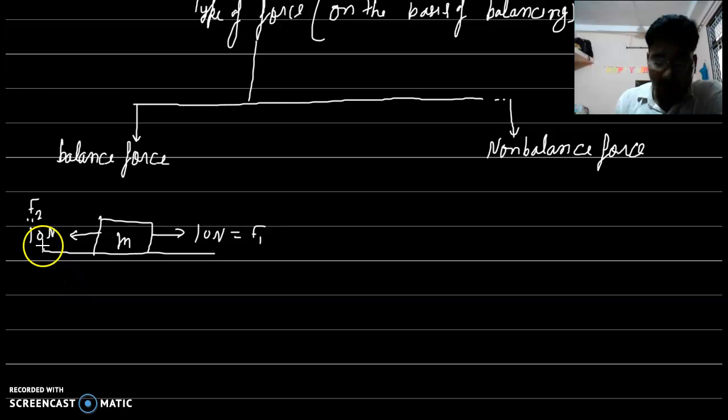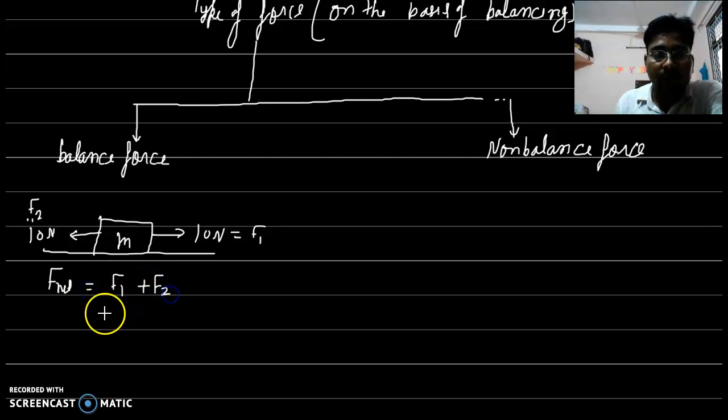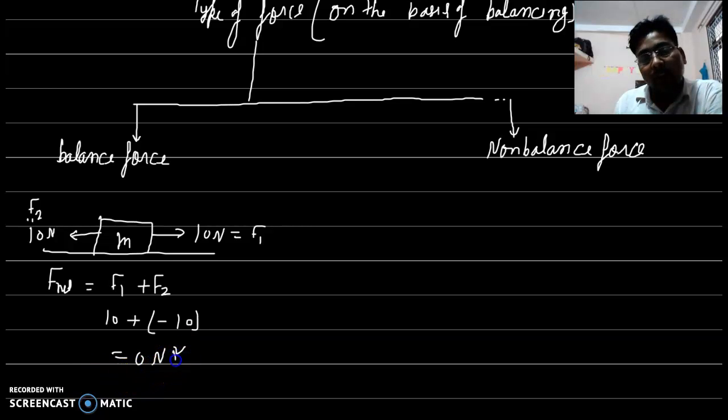Then net force on the body will be equal to vector sum of these force F1 plus F2. That means 10 Newton plus in bracket minus 10 is equal to 0 Newton. Hence the body is in the equilibrium because net force on the body is equal to 0.